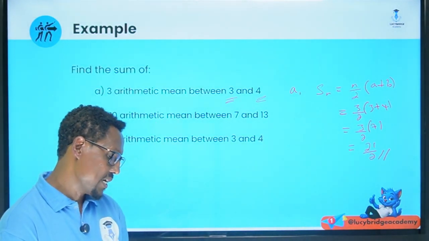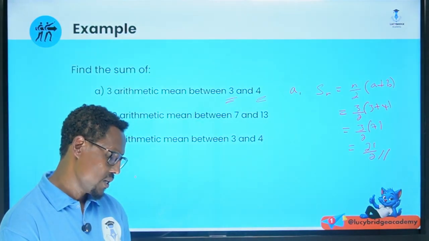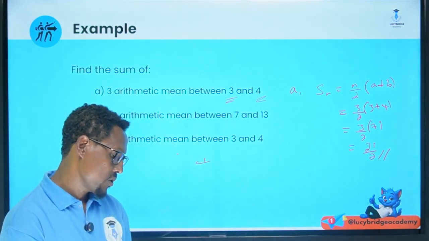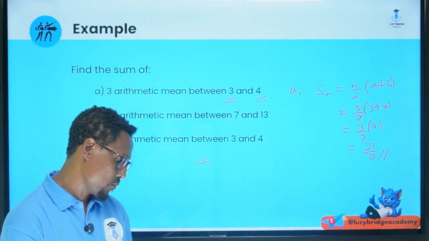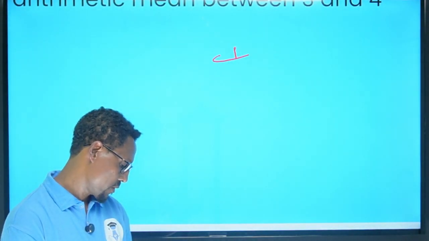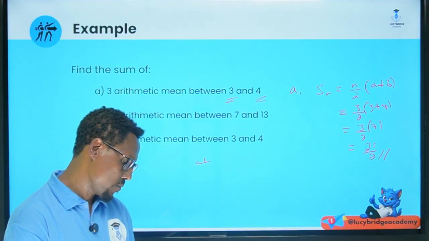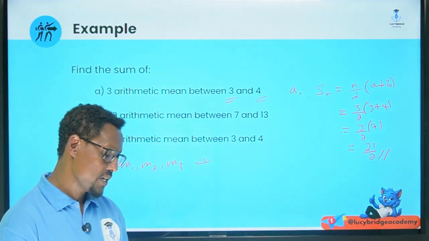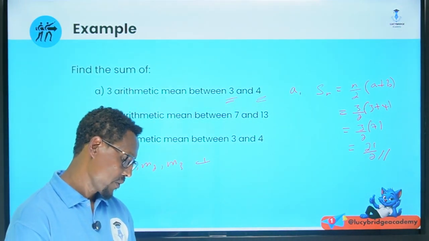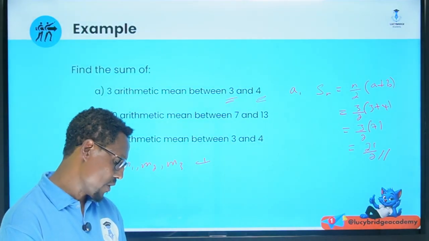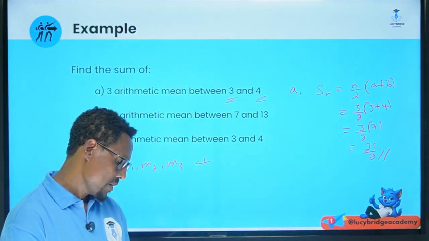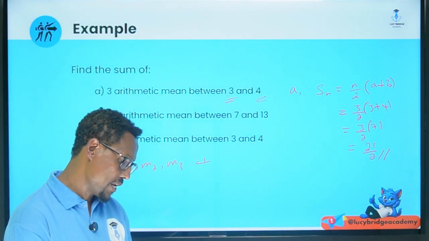In other words, let me show you: we are told to insert 3 arithmetic means between 3 and 4. M1, M2, M3 are these. Okay, so now what is M1? How do we find M1? An is equal to A1 plus D times n minus 1.